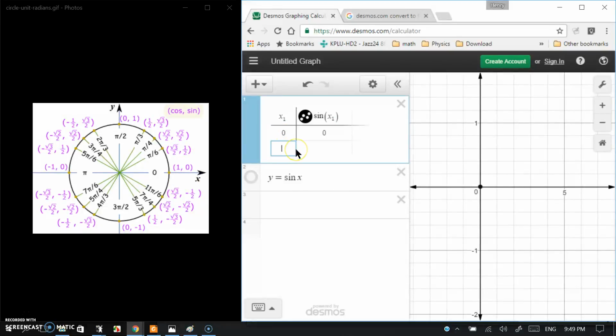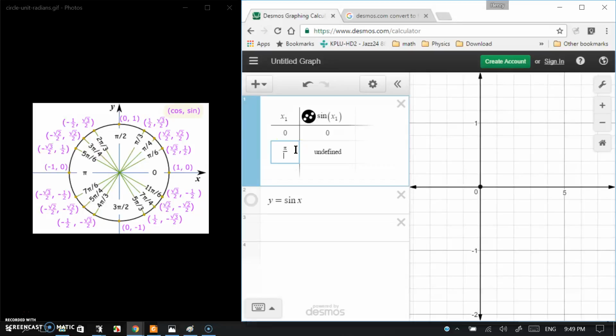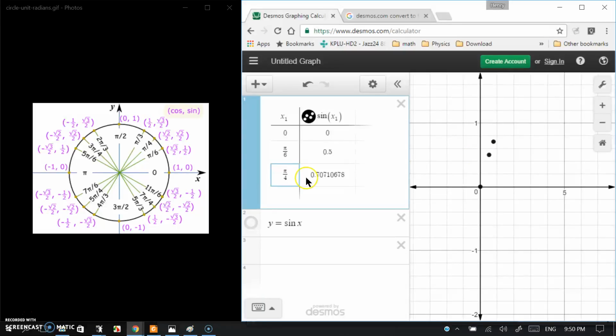And then the next angle is going to be pi over 6, which is 0.5. That's neat. And you can also see that they have added a point there as well. The next angle will be pi over 4, which is 0.707 and so on. That is simply root 2 over 2. Okay, that's the root 2 over 2 here on the unit circle.